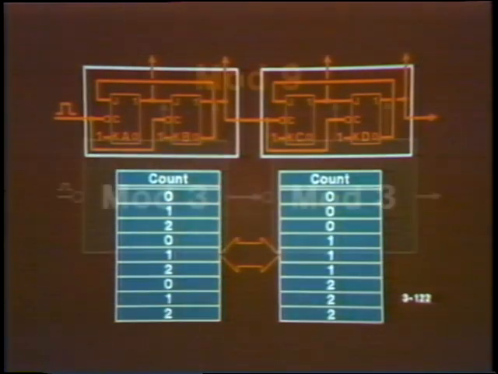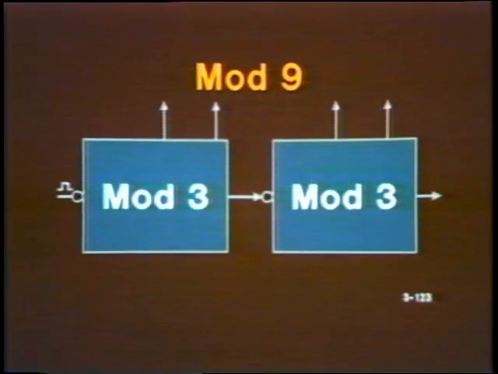Thus, a mod 9 counter can be constructed by cascading a pair of mod 3 counters. Cascading is a simple and useful way to help build up higher modulus counters from lower modulus counters.